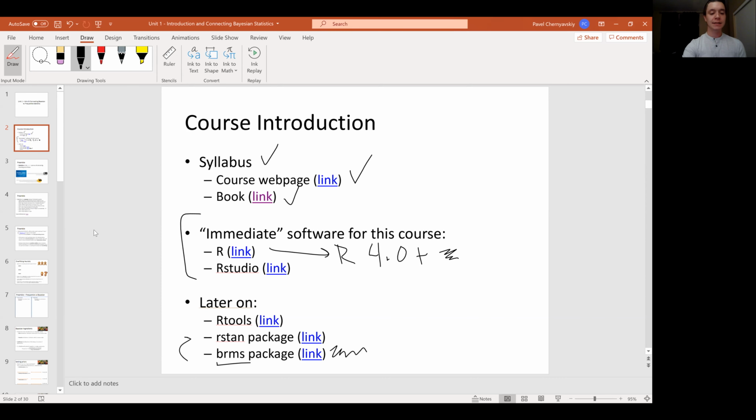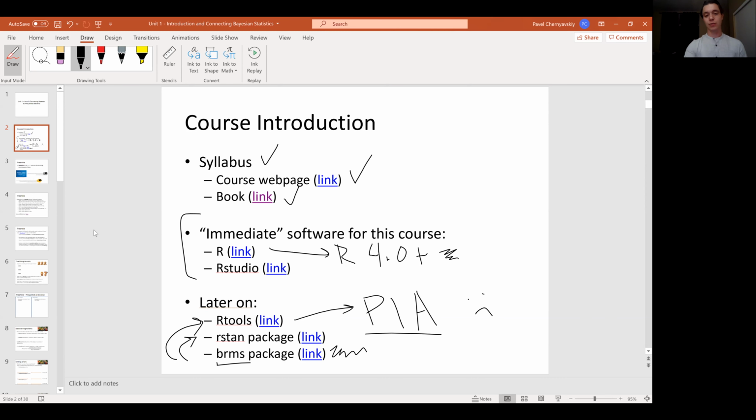And it depends on rstan, and it depends on Rtools. Rtools, I'll just point out right now, is a pain in the behind to install. Just go ahead and get that out there. When it's time, I will uninstall it on my computer and reinstall it just to show everyone how it is done.